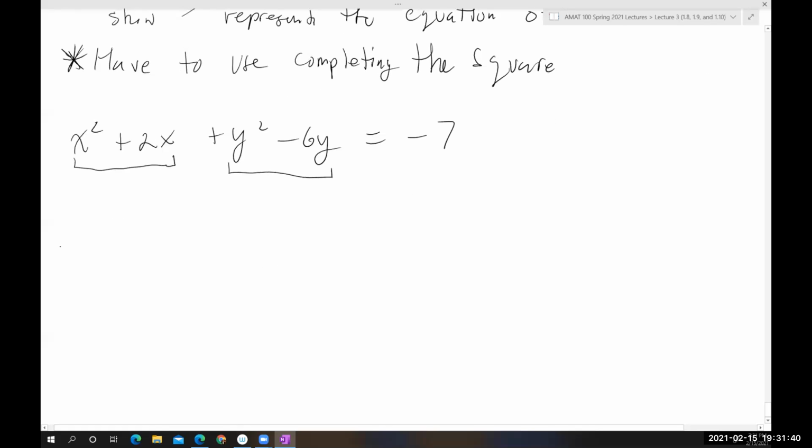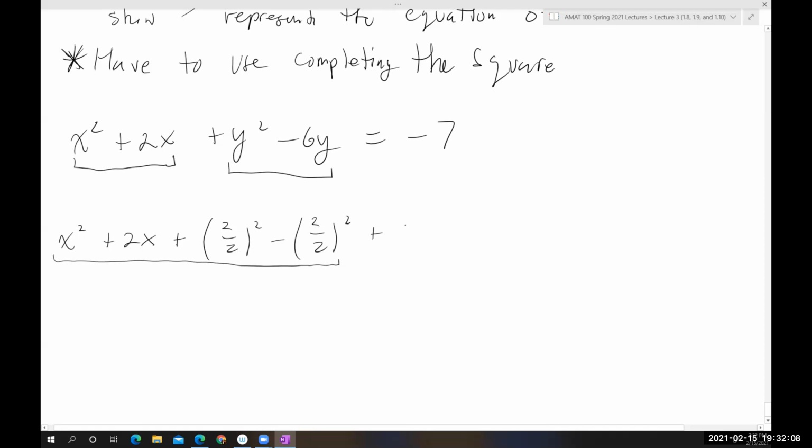So if we look at the first one, we get x squared plus 2x. Remember, we have the coefficient of x, and we take half of it. We add that in, so we get 2 over 2 squared, and we square it. But then we have to subtract that off. So this line right here is just doing the completing the square on x.